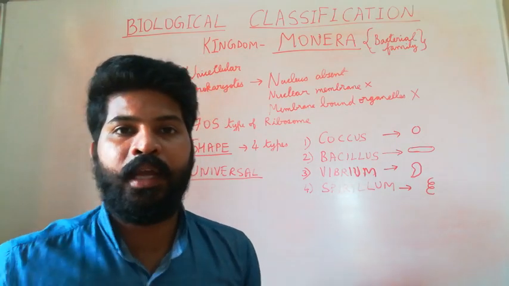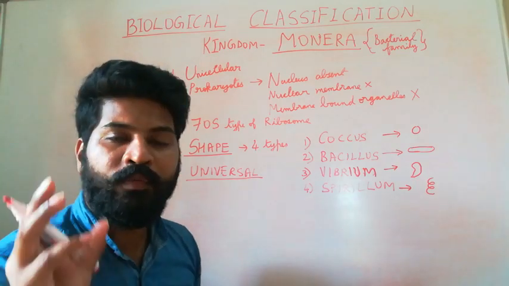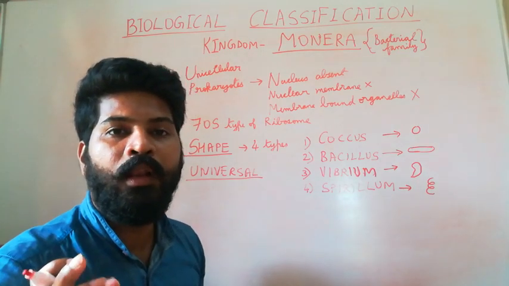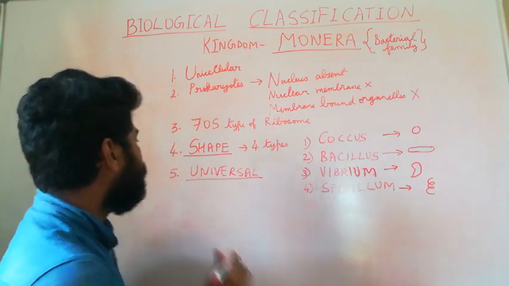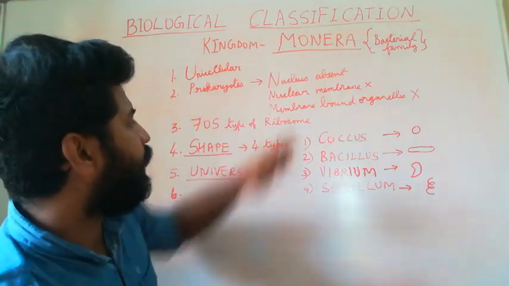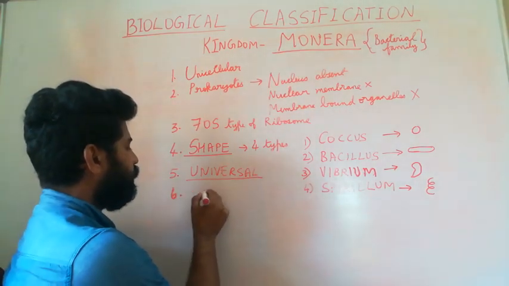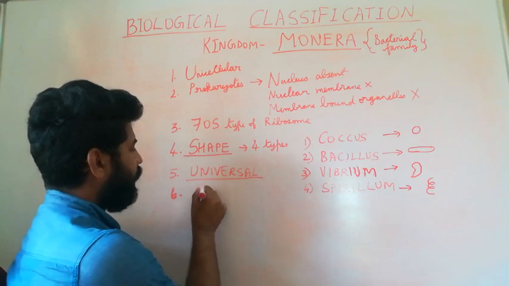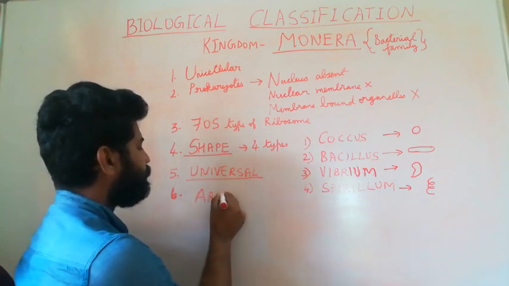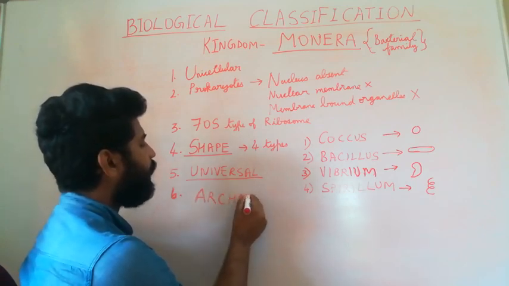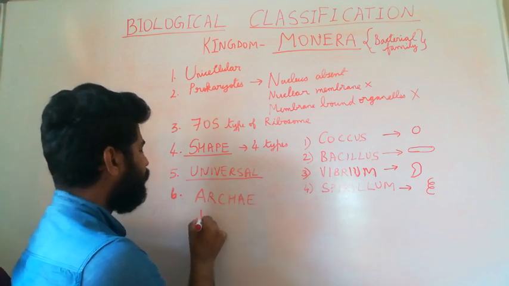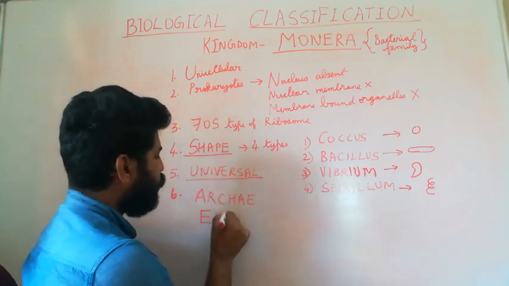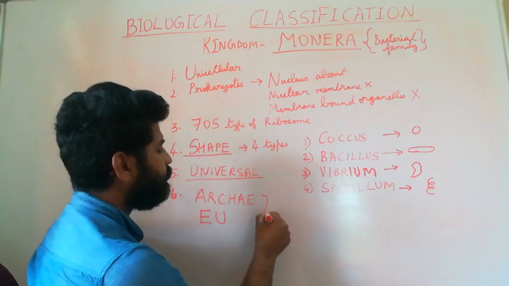They are present everywhere. This is because of the tough cell wall and the capsule covering. Kingdom Monera is further classified into two types: Archaebacteria and Eubacteria.